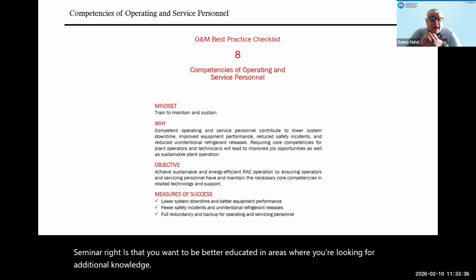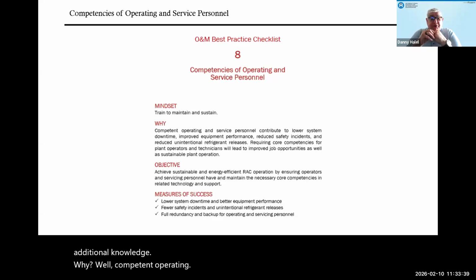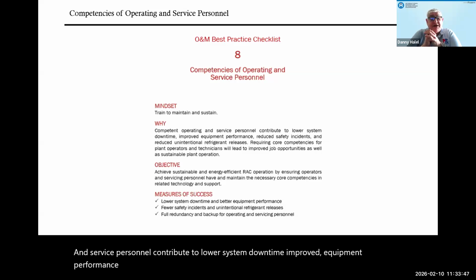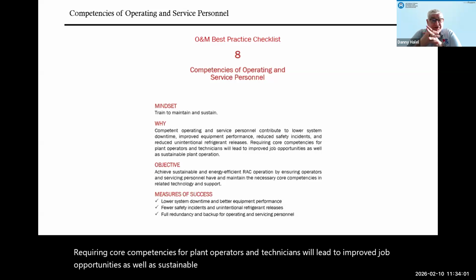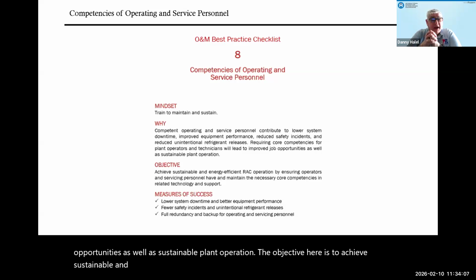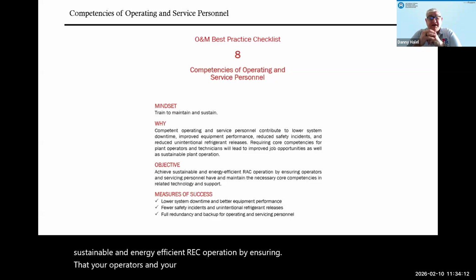Well, competent operating and service personnel contribute to lower system downtime, improved equipment performance, reduced safety incidents, and reduced unintentional refrigerant releases. Requiring core competencies for plant operators and technicians will lead to improved job opportunities as well as sustainable plant operation. The objective here is to achieve sustainable and energy efficient RAC operation by ensuring that your operators and your service personnel have the necessary core competencies to complete their work.